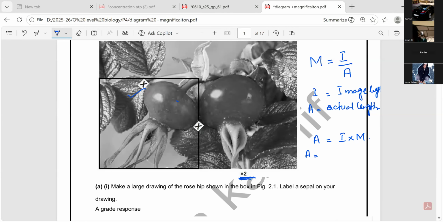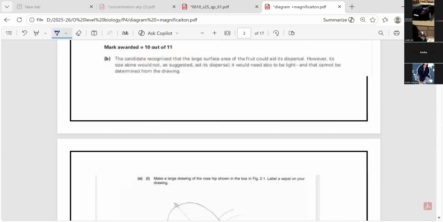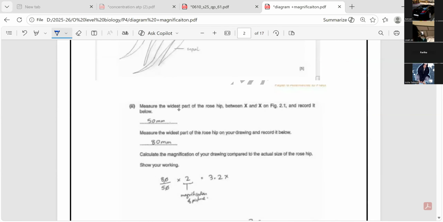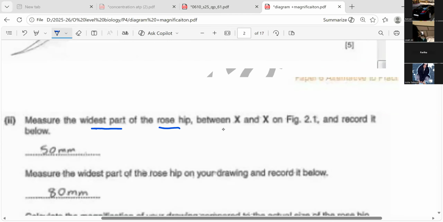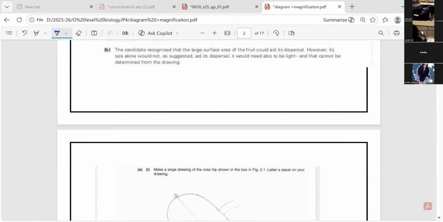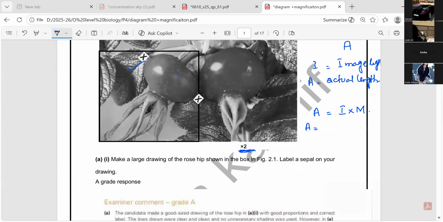Now, the examiner is asking, measure the widest part of the rose hip between X and X on figure 2.1 and record it below. Okay, between X and X. Now what do you think?